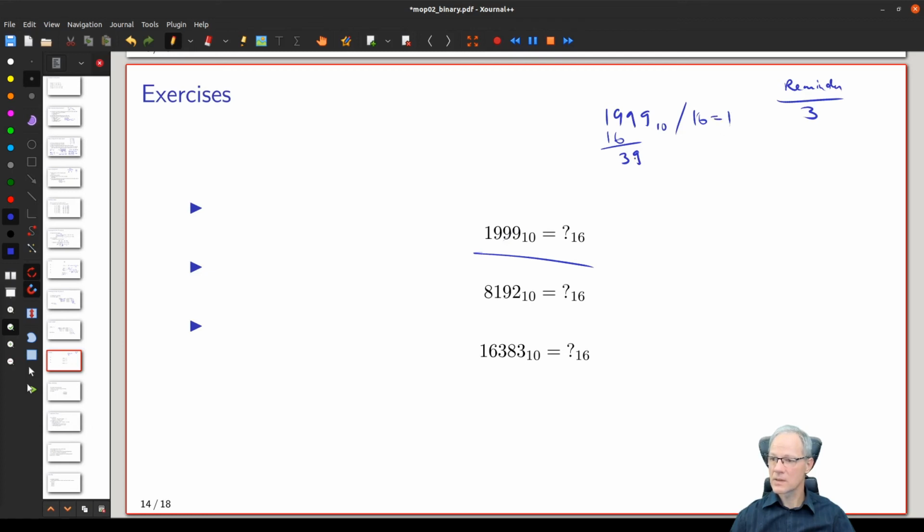So the result is 1. 39 here we get 2, so it's 32. So in fact, I was too quick with the remainder, sorry. That's too early. I haven't finished the division yet. And here 9 minus 2 is 7, 79.